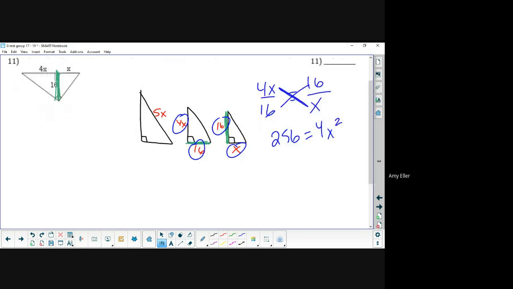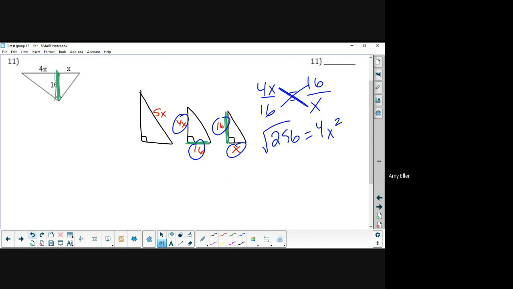You have 2 ways you can solve it from here. If you choose to square root it, you would get square root of 256 is 16. Square root of 4x squared is 2x. For an answer of 8. Some people brought this 4 down here. If you're going to square root it, it's not going to be a 4 anymore.